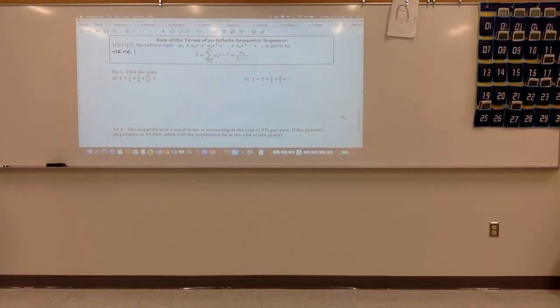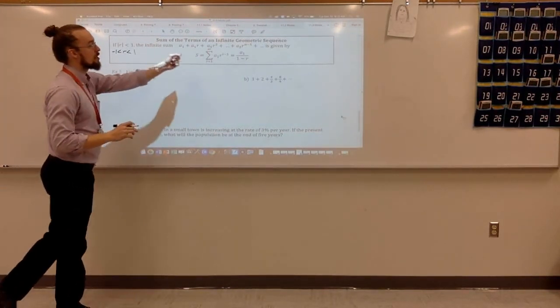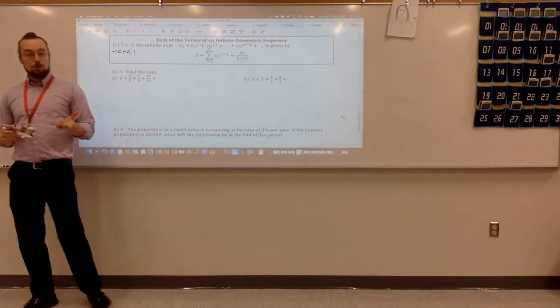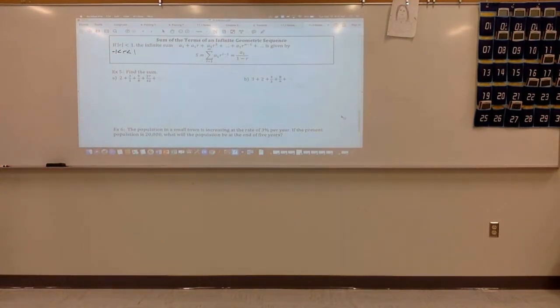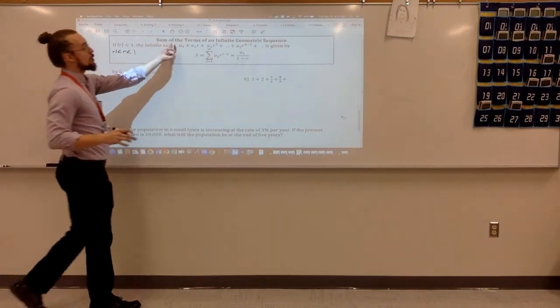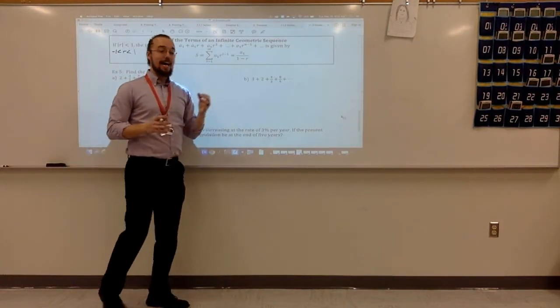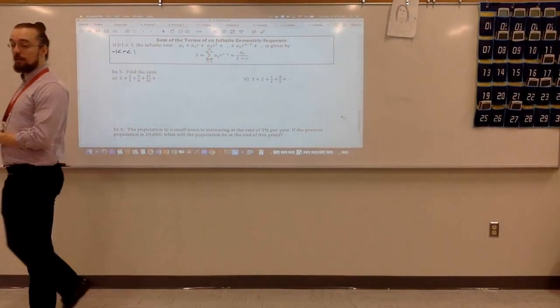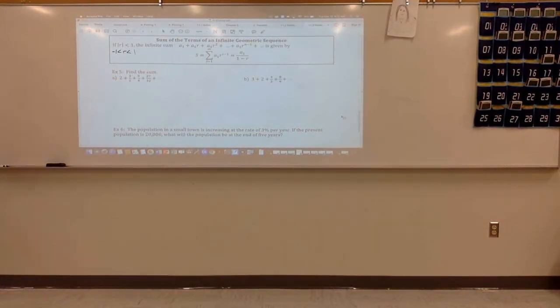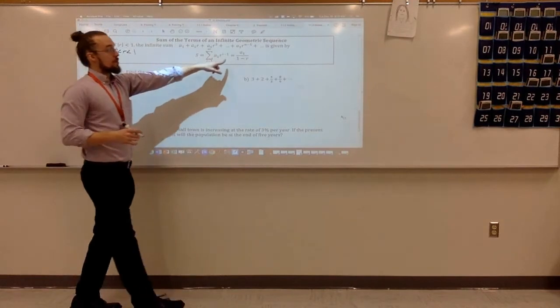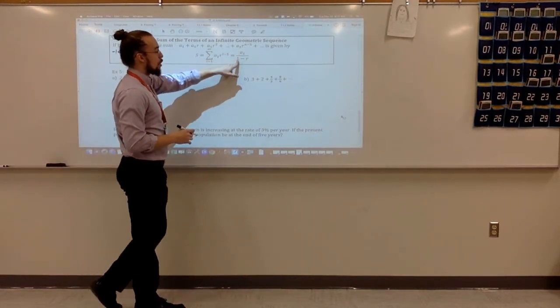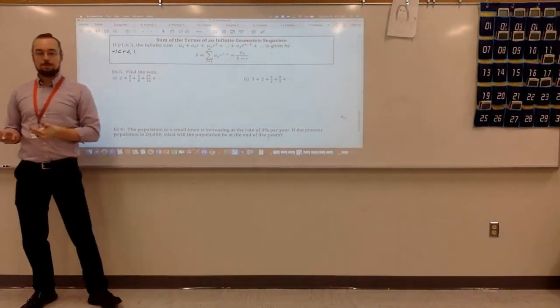If that's the case, and I add up an infinite number of terms, I will get a finite value. As long as my numbers are decreasing in value, and I add up an infinite number of them, I will get a finite value. The formula for that is actually very, very simple. It's just the first term over 1 minus the common ratio.